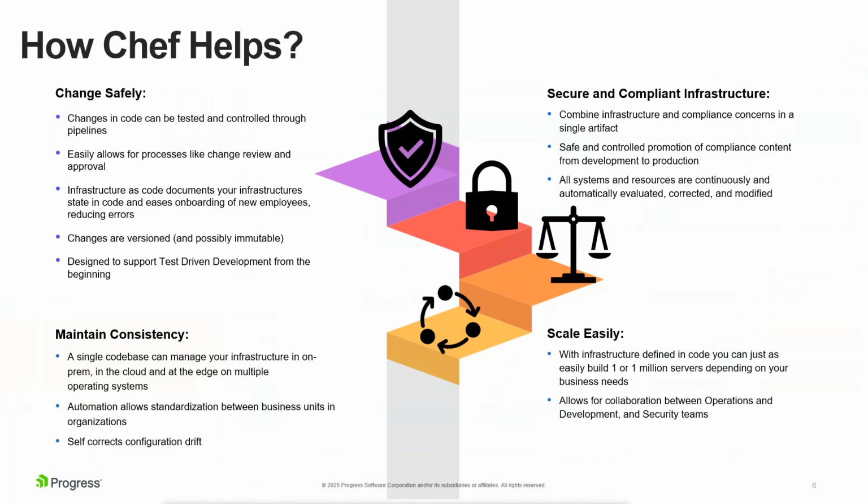Although we do have the ability to work agentless, and this is great for infrastructure components where you may not be able to install an agent, we believe that using the Chef agent, this client with a small footprint on the systems, is really the best approach. It allows for those managed nodes to have the agents deployed locally and then pull the configurations rather than having them pushed from a single location.